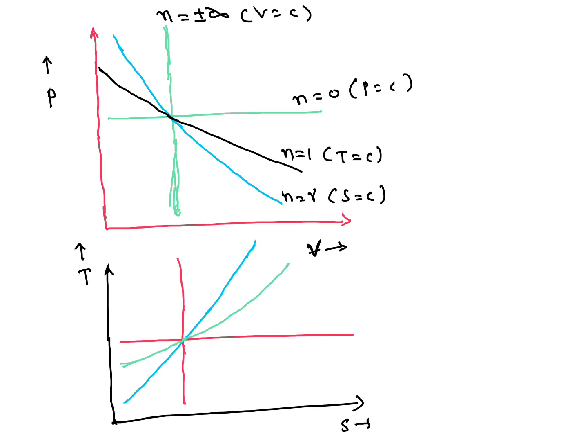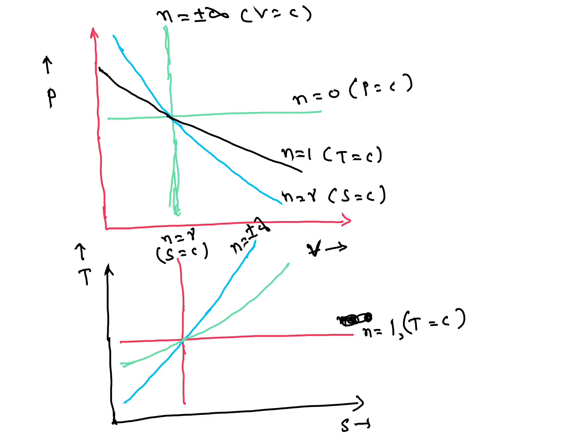Here, this is isothermal, n equals 1, where temperature is constant, and here entropy is constant, n equals gamma, S is constant. Here n equals plus or minus infinity, V is constant.